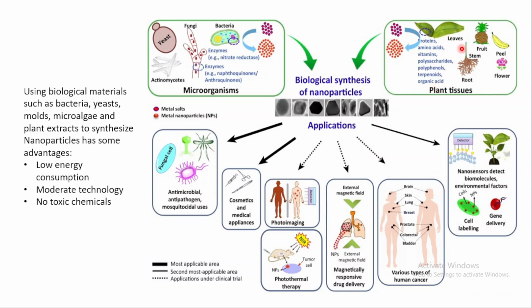Plant tissues like leaves, stem, fruit, flower are all sources of proteins, amino acids, vitamins, polysaccharides. So these can act as starting material for the nanoparticle synthesis. Plant extract, leaf extract, bacteria, fungi can also provide all these materials.